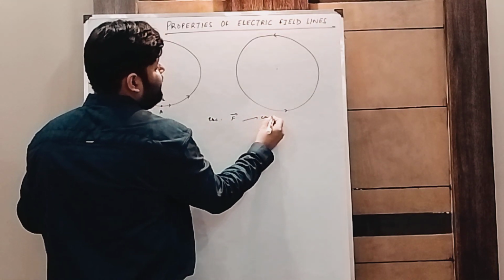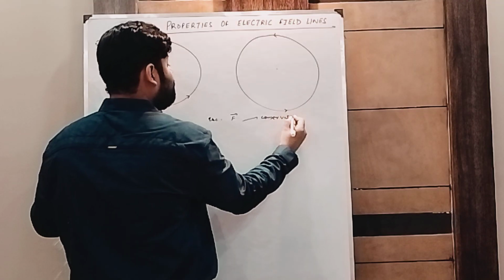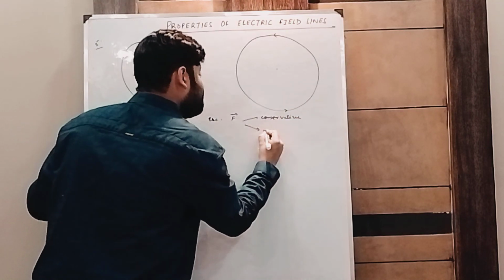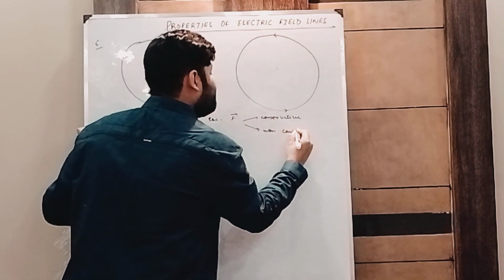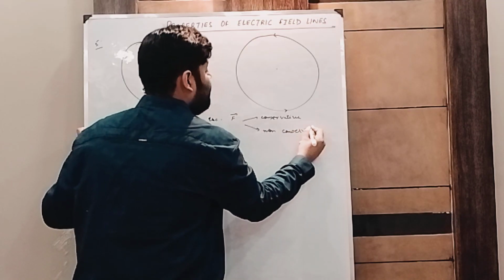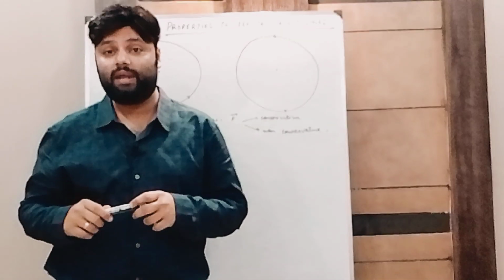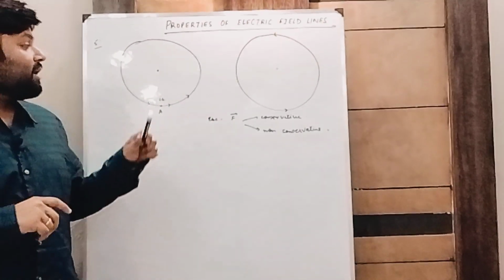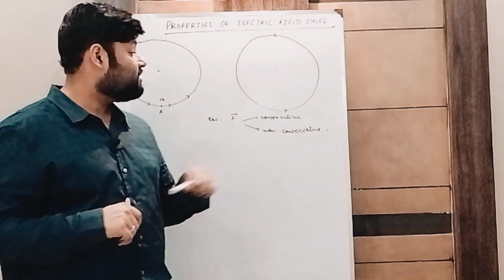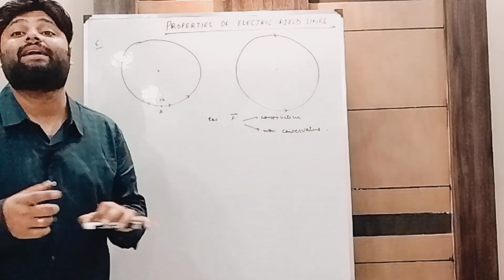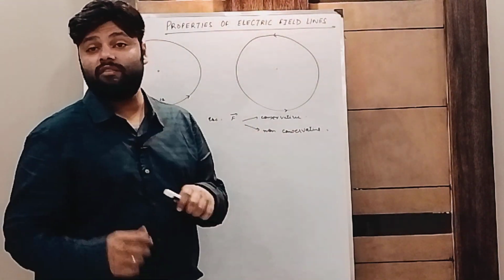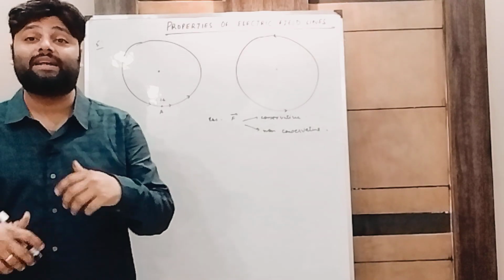conservative or non-conservative? Now many of the students must be recalling in their minds what is conservative and what is non-conservative. See, this concept was introduced to you in the chapter work power energy. Conservative force is a force which does not depend upon the path taken, whereas non-conservative force is the force which depends on the path that you take.